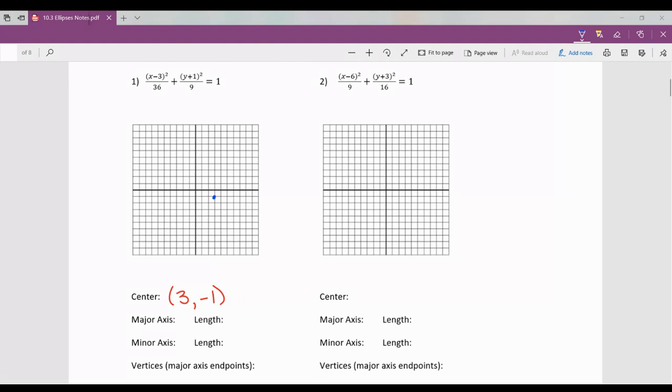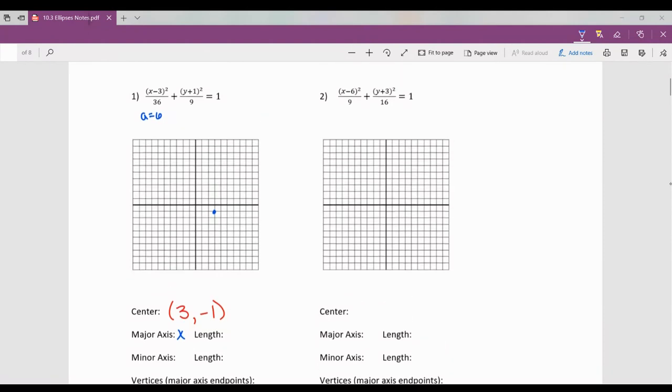Since the bigger number is under the x, my major axis is going to be along the x's. The way that I find the length is I take the square root of 36. So A is equal to 6. From my center point I'm going to count 6 units to the right, because the major axis is the x, and then 6 units to the left.